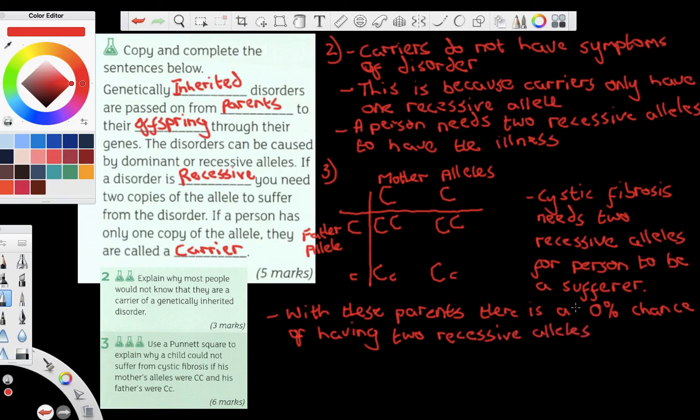Okay. For the final mark, you needed to say that they had a 50% chance of being normal and a 50% chance of being a carrier.